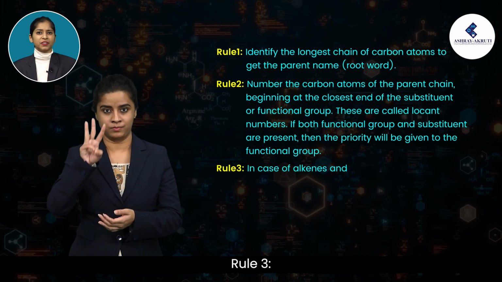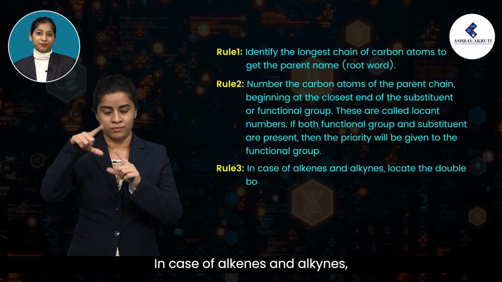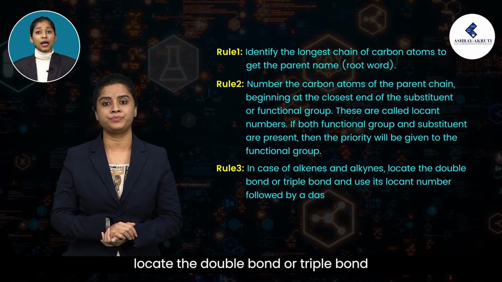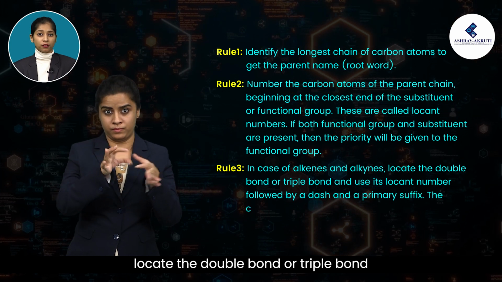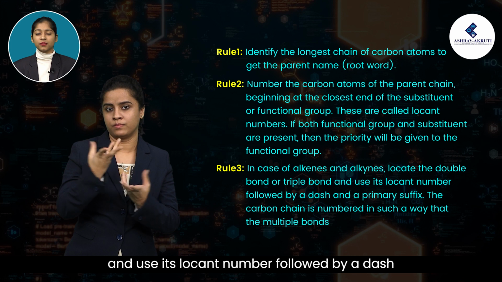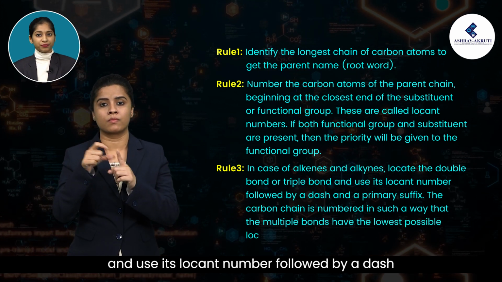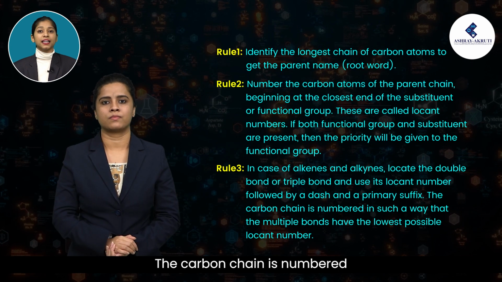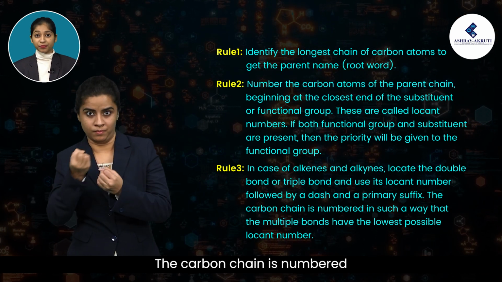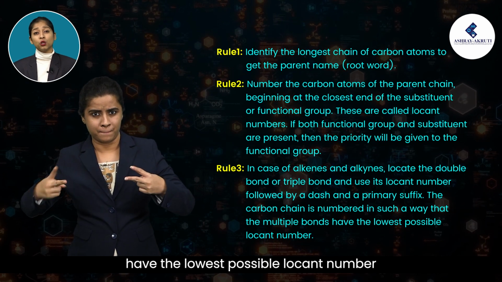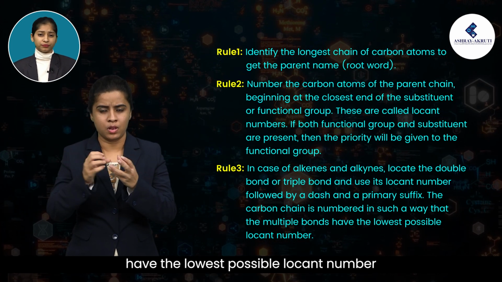Rule 3. In case of alkenes and alkynes, locate the double bond or triple bond and use its locant number followed by a dash and a primary suffix. The carbon chain is numbered in such a way that the multiple bonds have the lowest possible locant number.